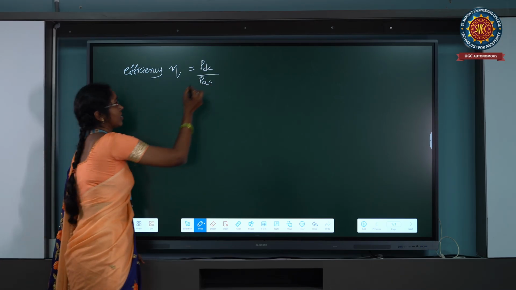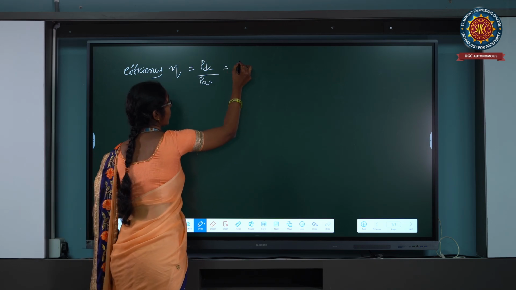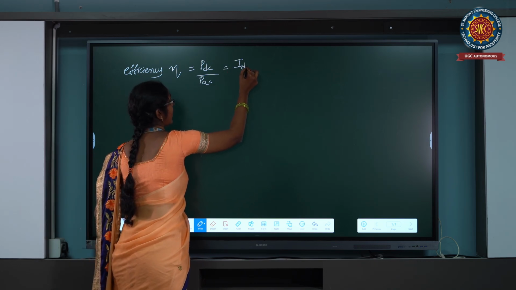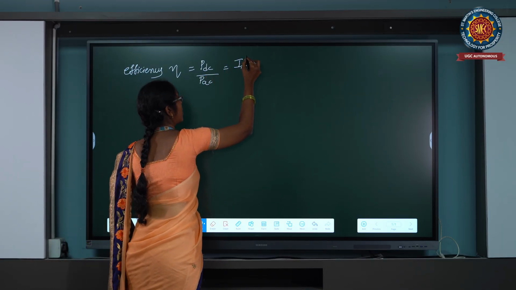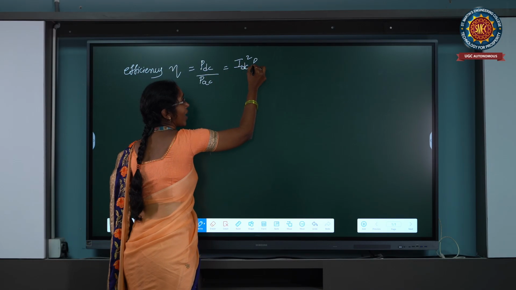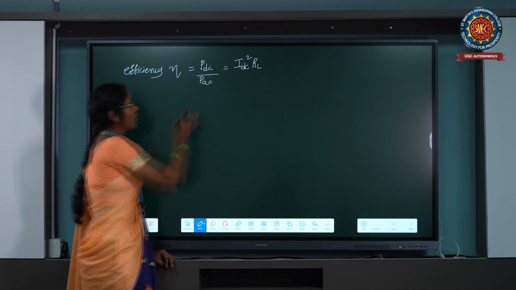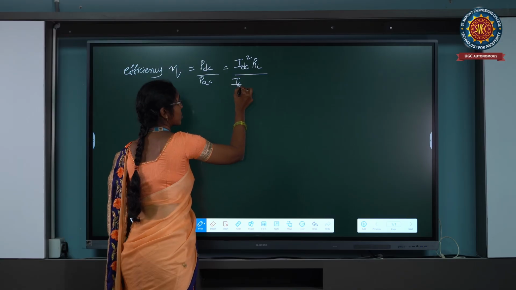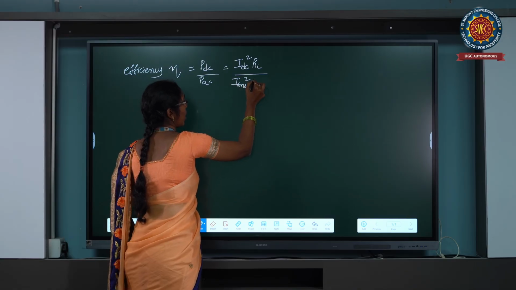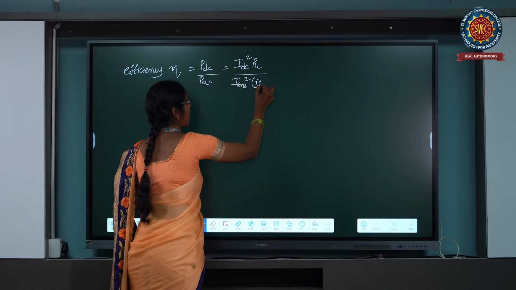We have to represent power in terms of current and resistance, that is the I square R formula. So PDC is equal to IDC square into RL, and PAC is equal to IRMS square into RF plus RL.